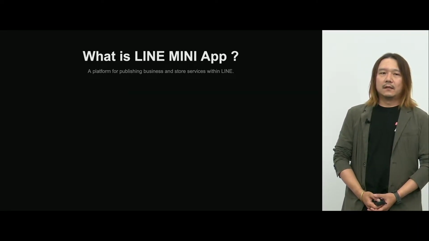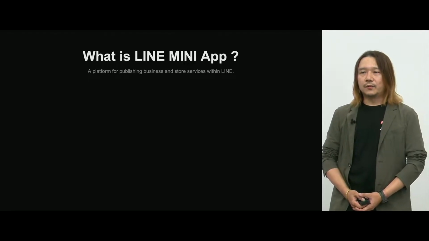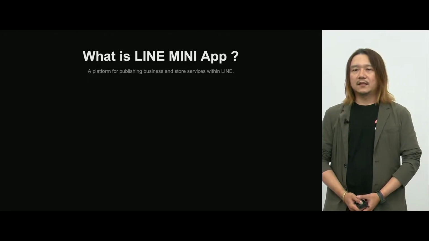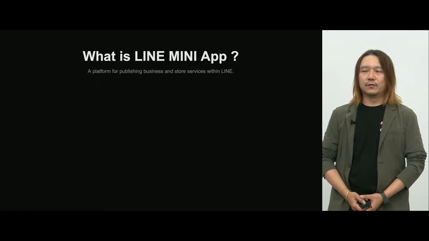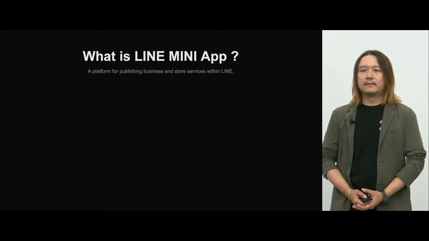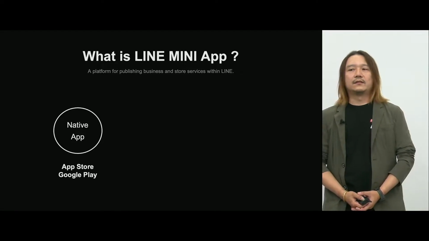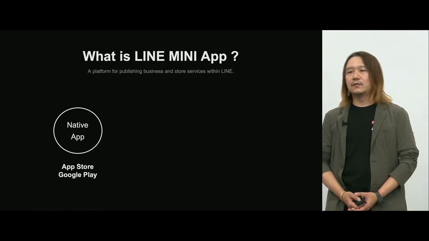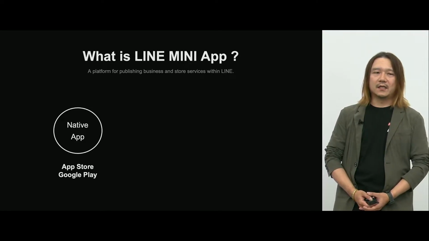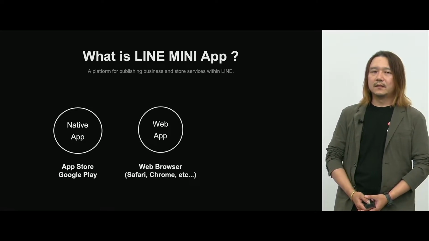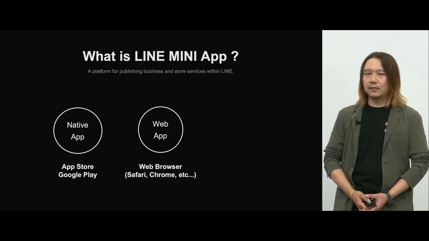What is LINE mini app? LINE mini app is one of the application platforms, and there are several types of application platforms. The first one is from the App Store or Google Play Store. You download and install the app. That is a native app.